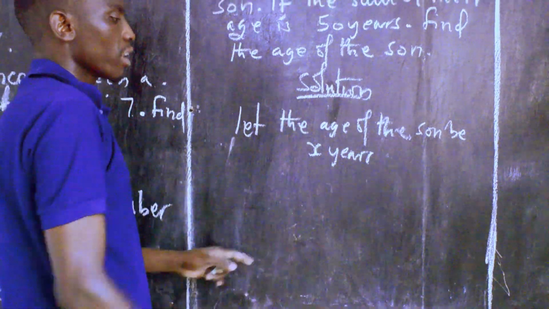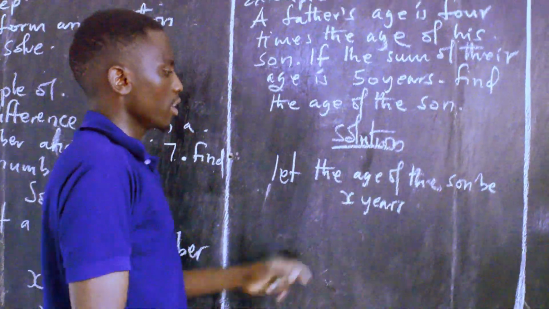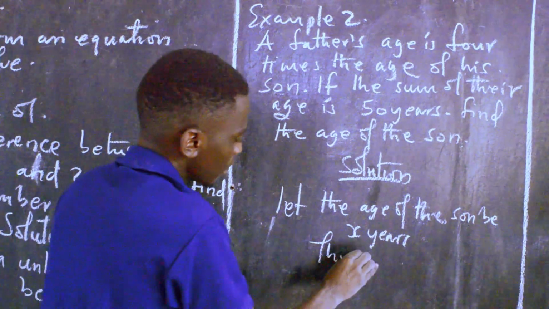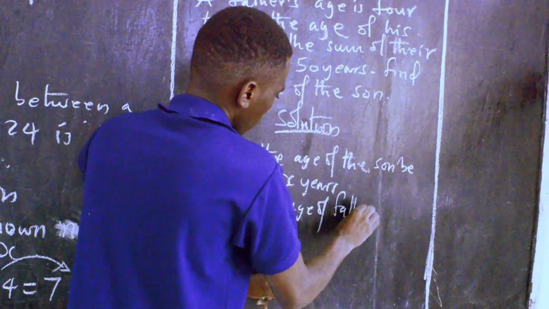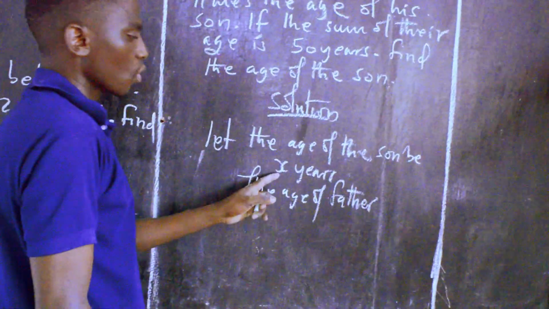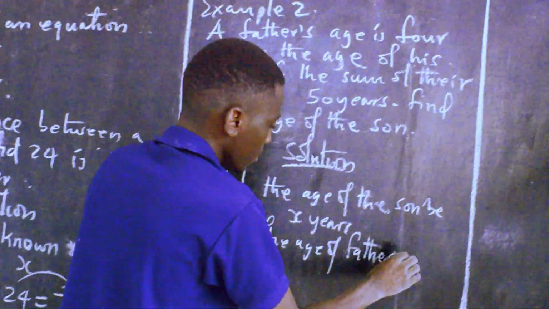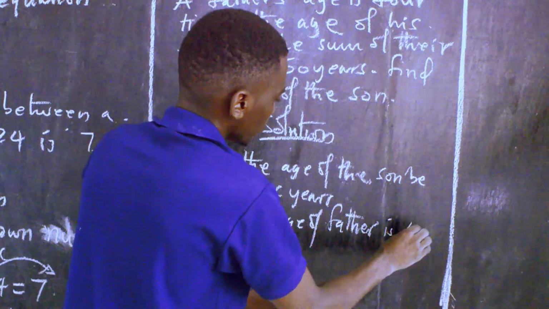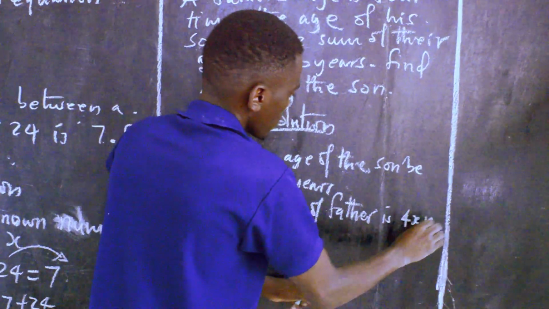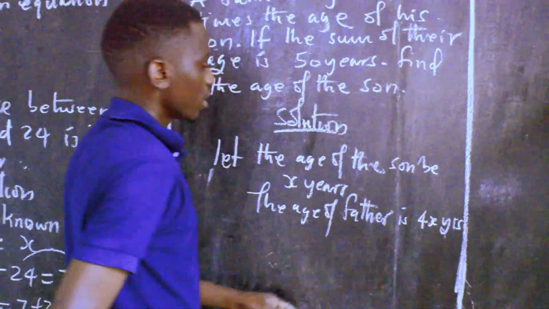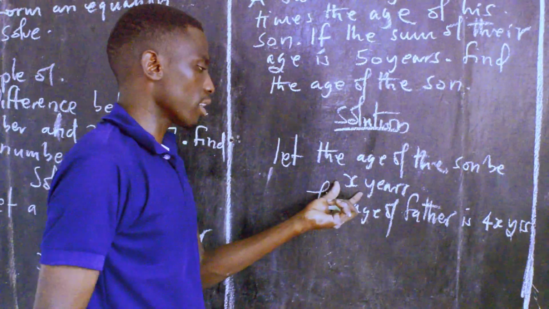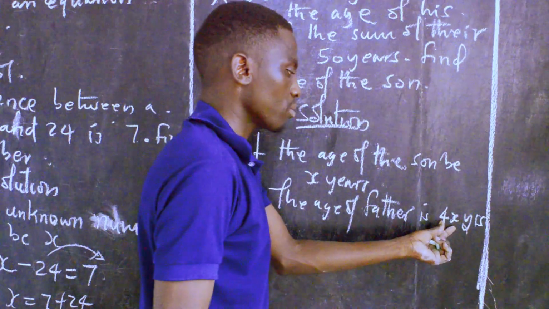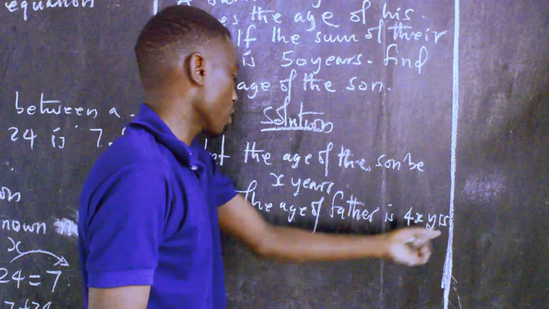Then if the age of the son is x years, the age of the father is 4 times the age of his son, so it will be 4x years.